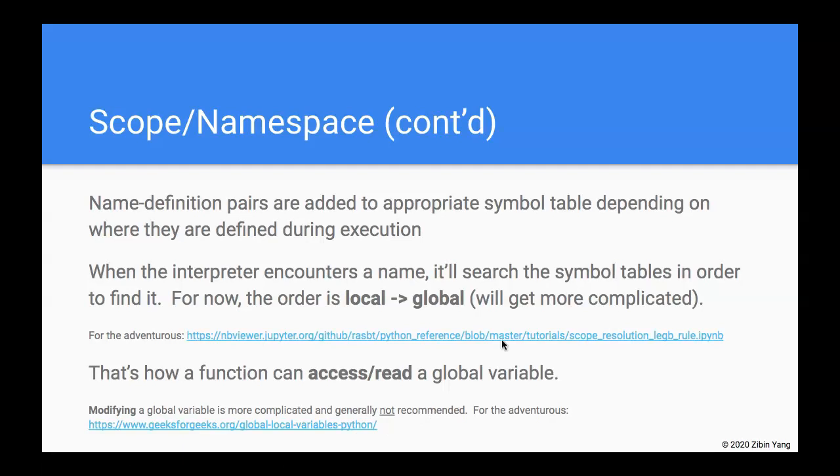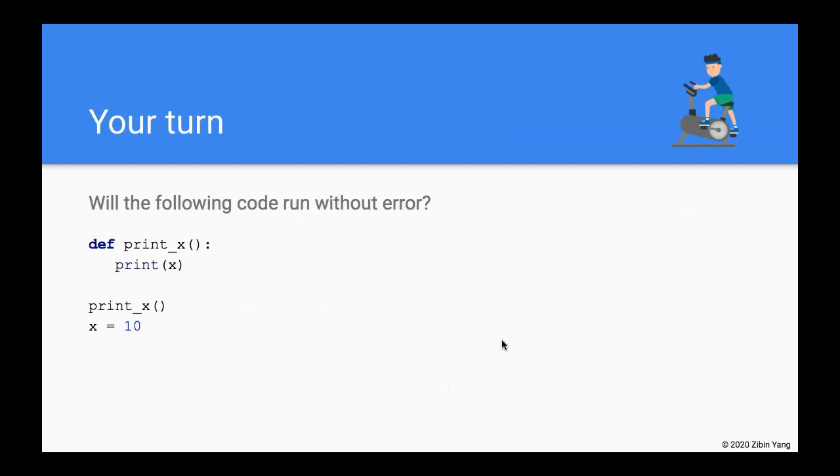Now that you understand how the symbol table works, here are a few code fragments for you to look through. What I suggest you do is think through the execution of the code and see if it will run without error.